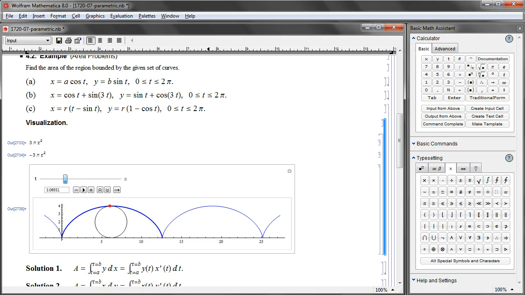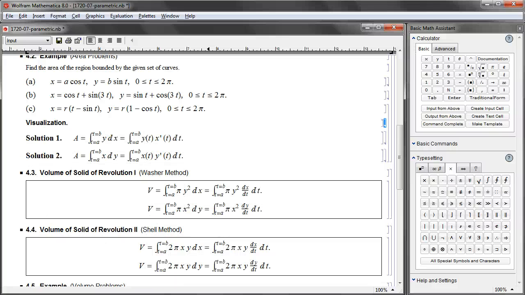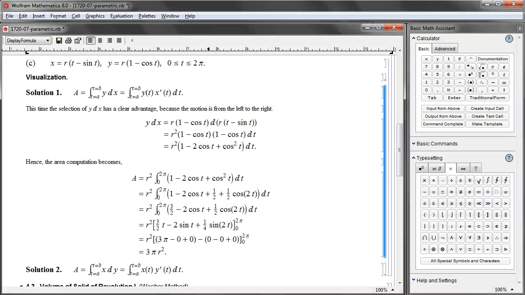If you use x dy, well, you can see that as t gets big, x is increasing, so this can work well with y dx integration, solution 1 in this case here. And then let's go ahead and do that.